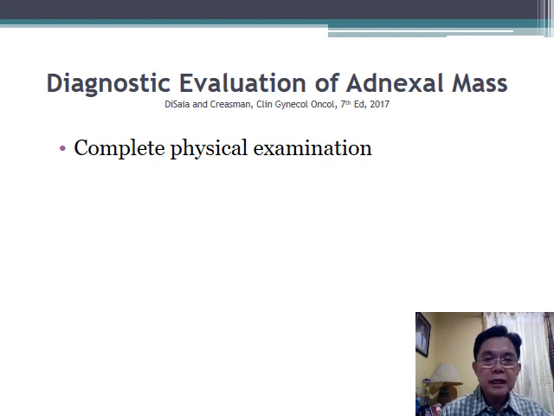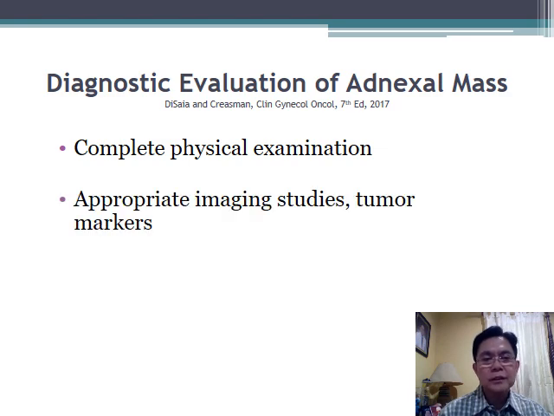So what are the diagnostic tools that are utilized in ovarian cancer? A complete physical examination is always advisable. So you examine the abdomen of the patient. You take note about mobility, the different parameters that we mentioned earlier, the presence of cystic and solid areas, the presence of ascites, and of course, the size of the ovarian tumors.